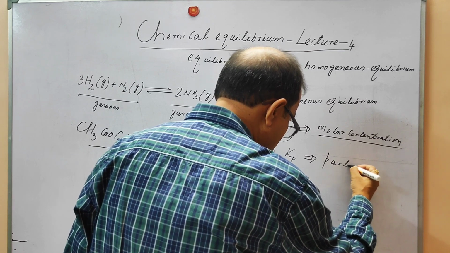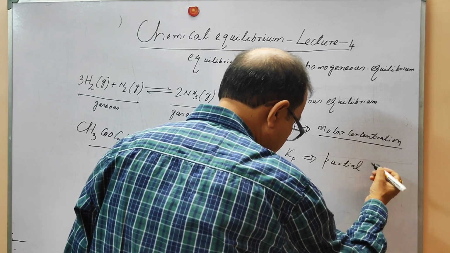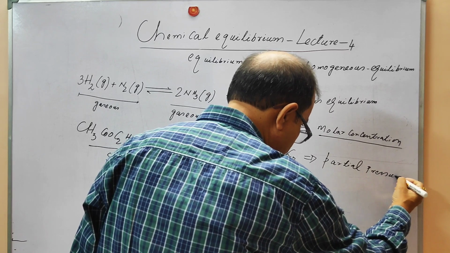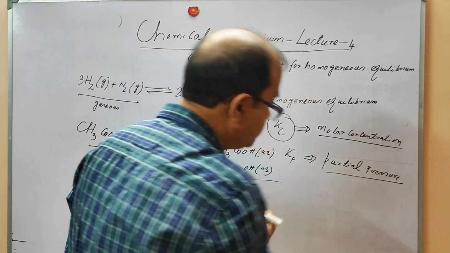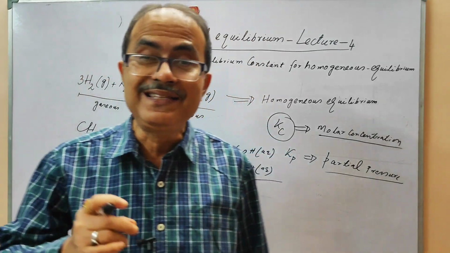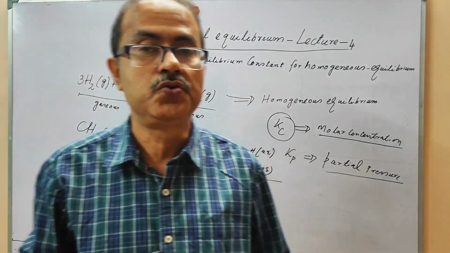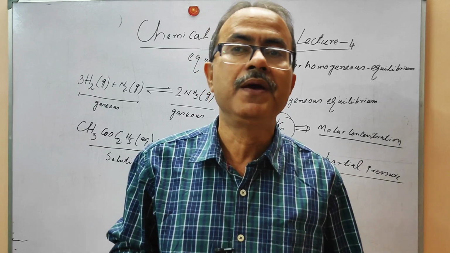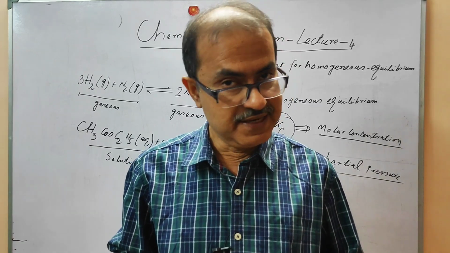So we now understand two types of equilibrium constant: one in terms of the molar concentration and the other in terms of the partial pressure. In this video we are going to discuss the relationship between these two equilibrium constants, taking the example of gaseous reactions.